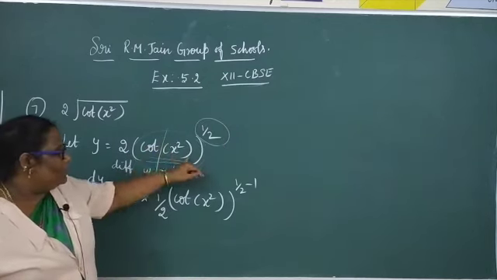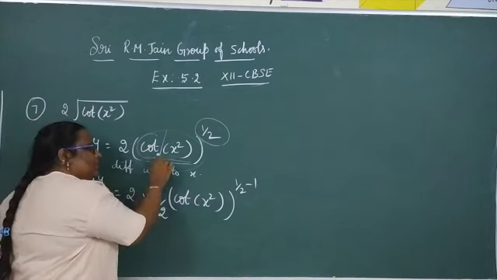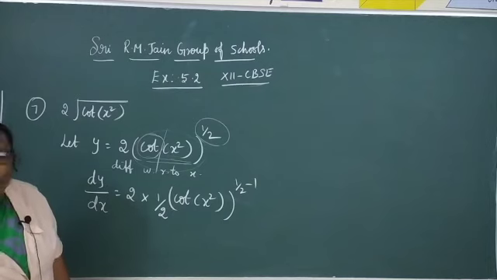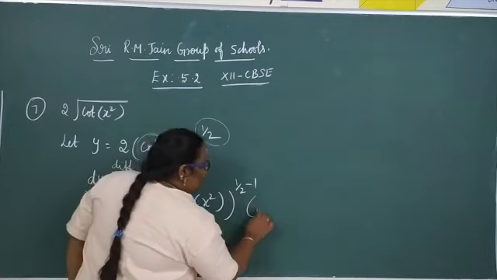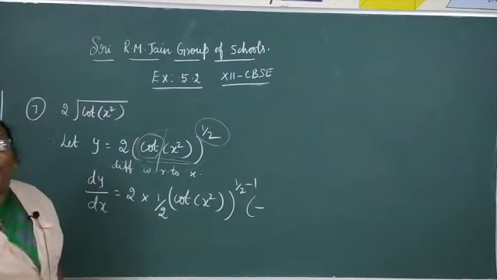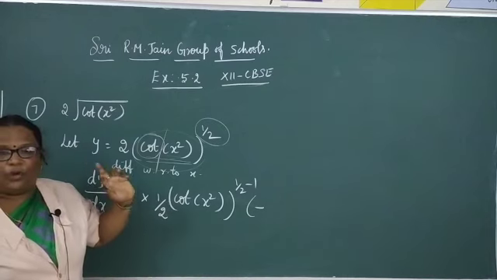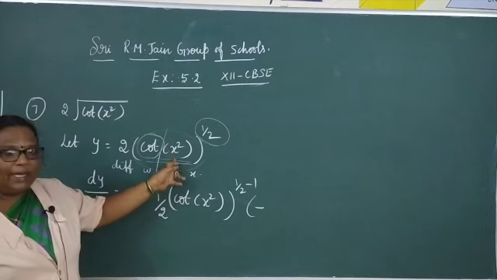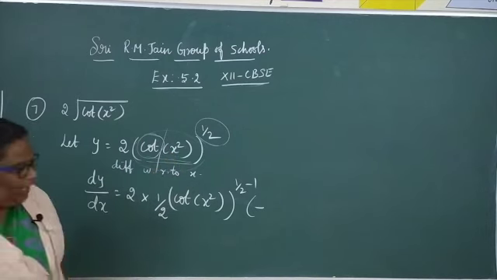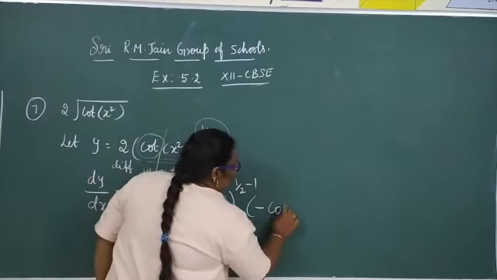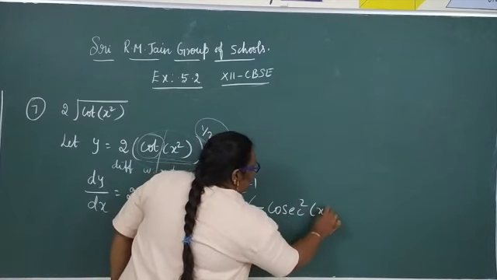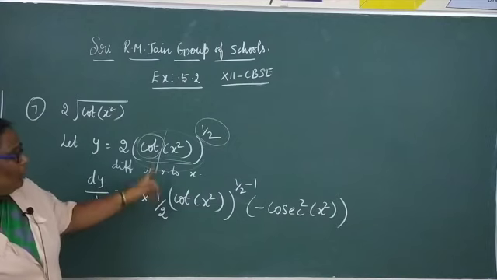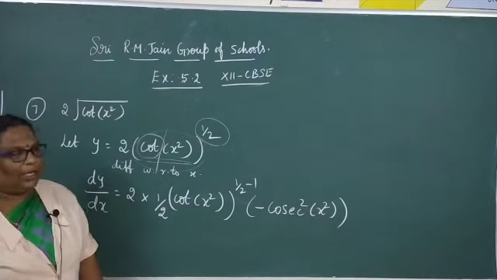Then 2 brackets are there. Concentrate first on cot x. What is the differentiation of cot x? Minus cosecant square x. What is the x value here? X square. So minus cosecant square x square.